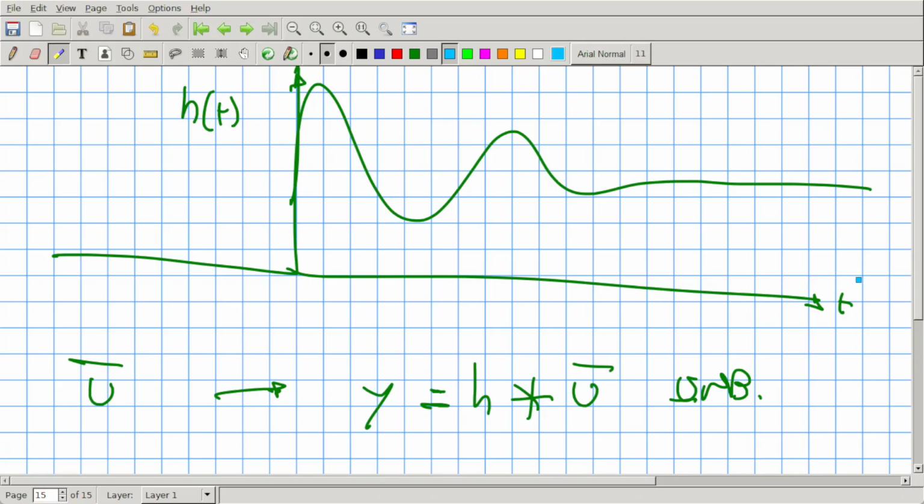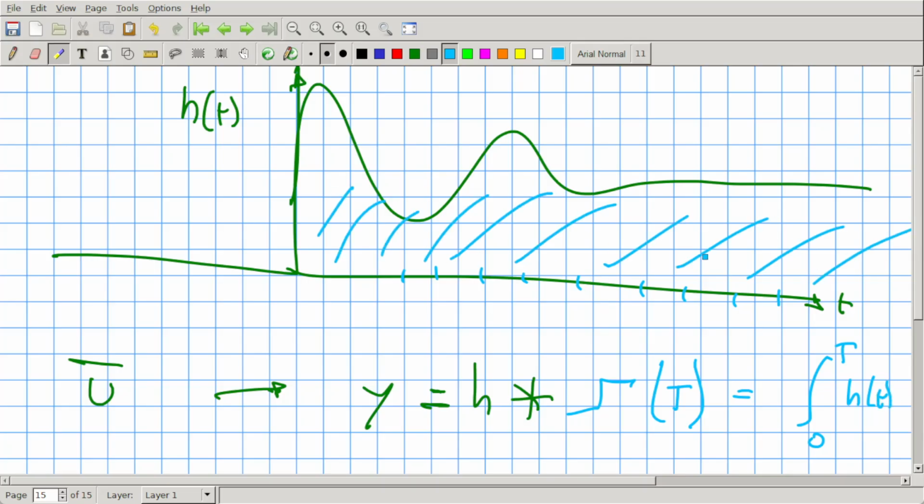The step is enough because the step gives me the integral at every t. Doing the convolution with a step at time t is going to be the area between 0 and capital T of h of t. True. And as soon as I go to infinity, this area goes to infinity.